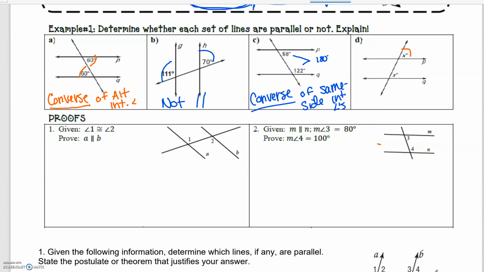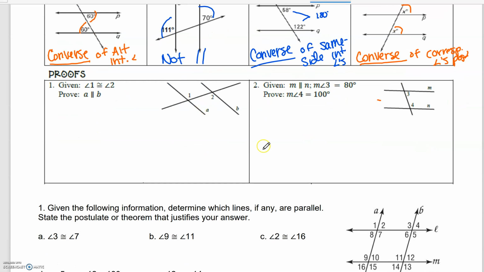All right, these right here, corresponding, they're both x, and so they are congruent. So then the converse, what proves parallel? Converse of corresponding angles postulate helps prove that those are parallel.